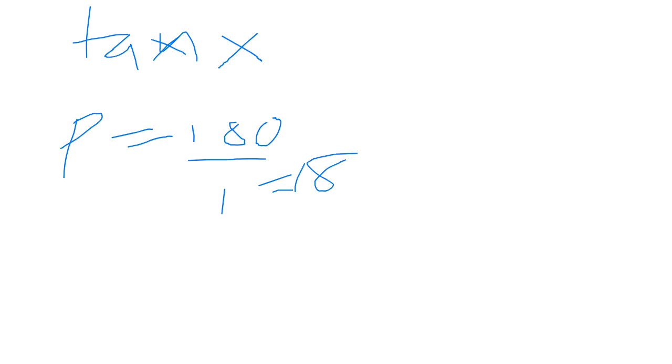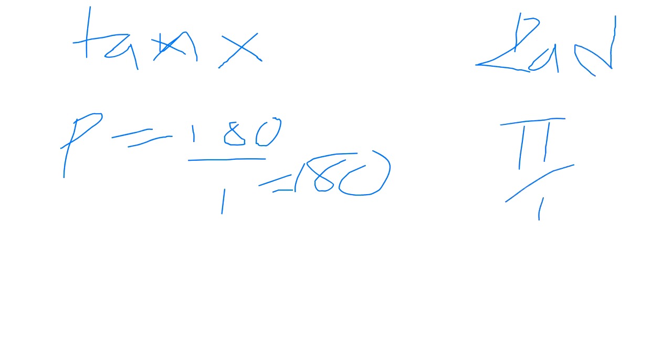But if I'm working in radians, then it's going to be pi over 1, which will give me pi. You must know the distinction when you are working in radians or when you are working in degrees.